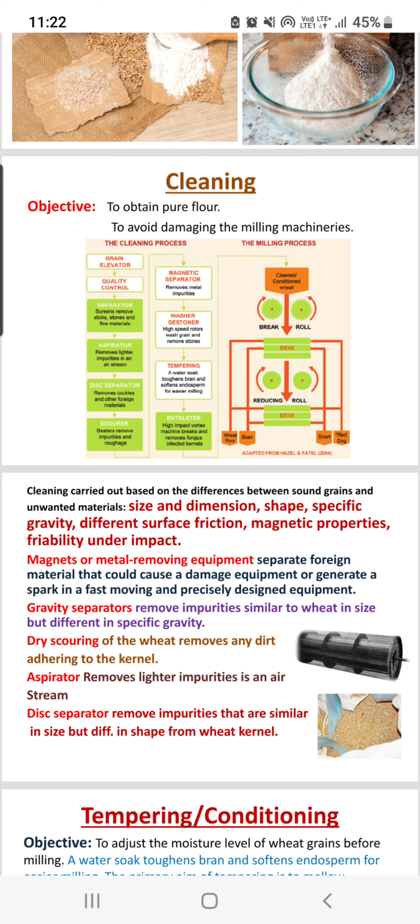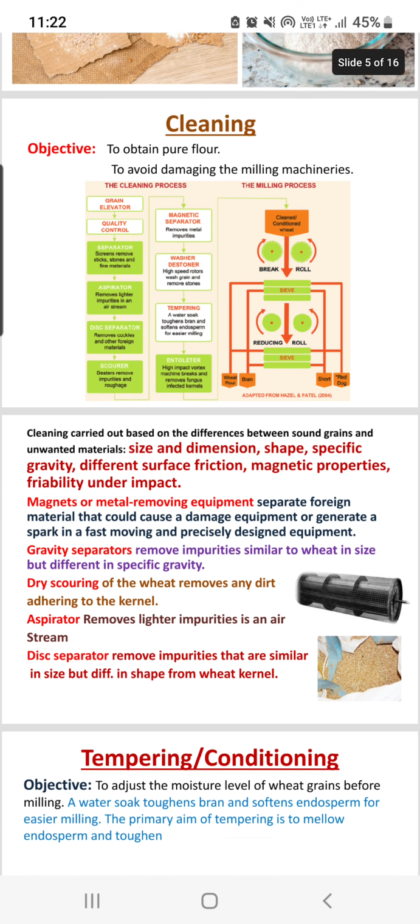With aspirators, we remove lighter impurities that are lighter in weight than the wheat kernel with the help of an airstream. The last one is disc separators, which remove impurities similar in size but different in shape from the wheat kernel, like other grains.